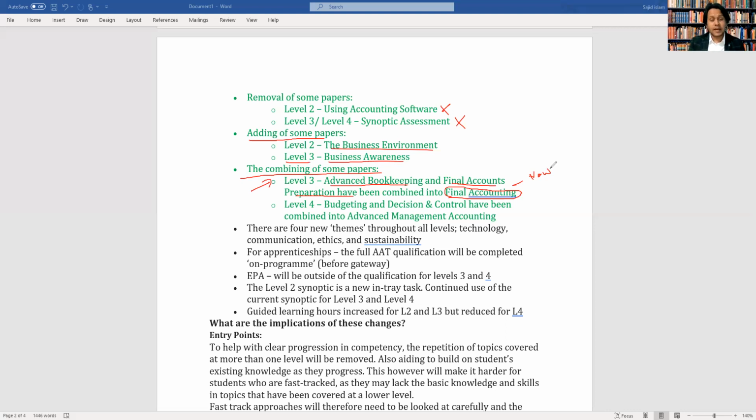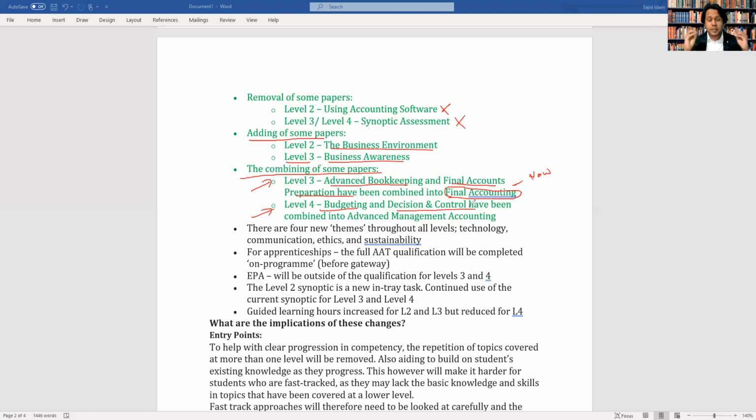Currently we have two papers in level 3, advanced bookkeeping and final account preparation. These are separate papers, but in future, after January 2022, these two will be one paper under the new syllabus. Also in level 4, we have budgeting and decision making and control.